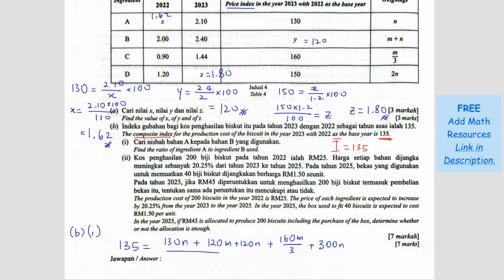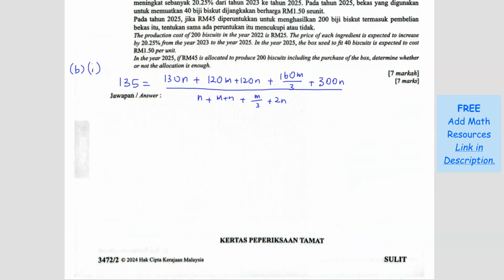Divide by the total weightage. So all of these added together, what do you get? I'll write down first: n plus m plus n plus m over 3 plus 2n.